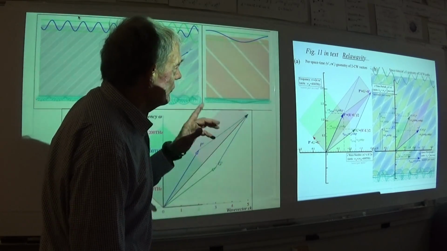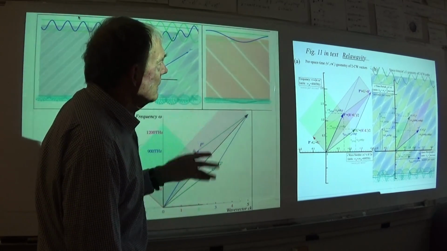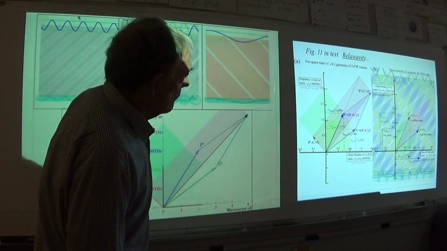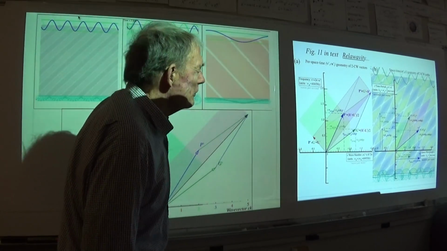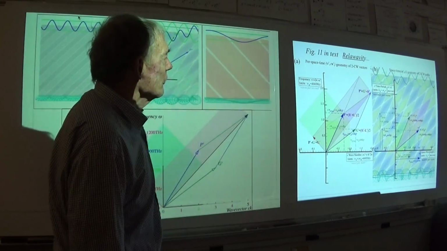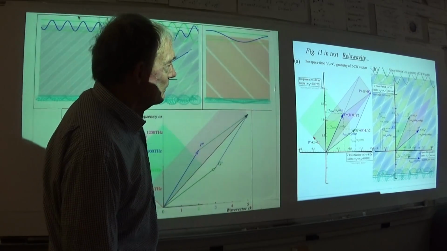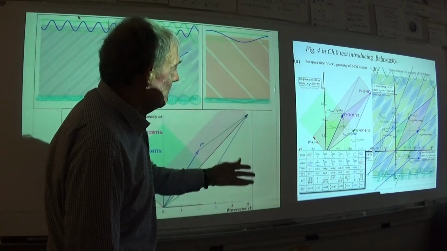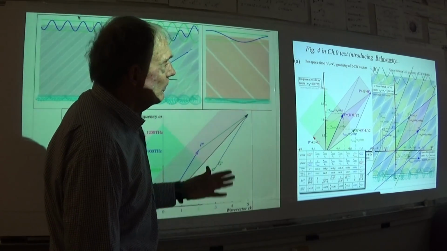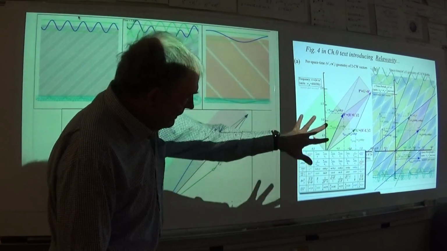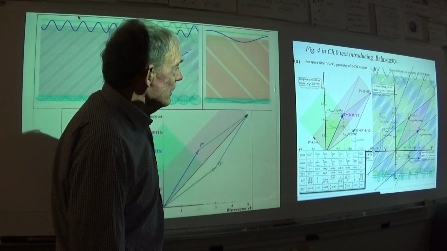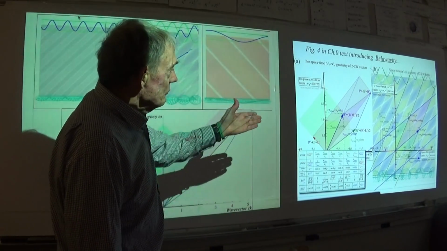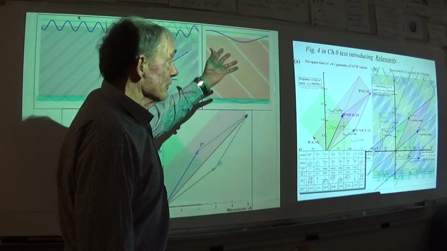Now, this is just out of Figure 11 in the relativity text. It's actually Figure 4 in Chapter 0, the shortened version of the relativity text. Okay, so there are the numbers showing the group and the phase lines going through space-time, making the same geometry over and over again, I might add.